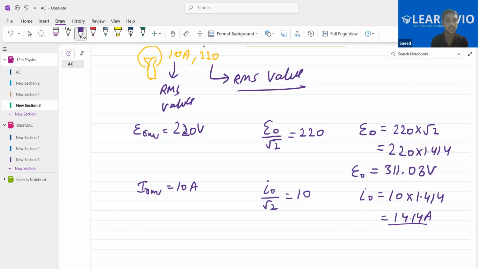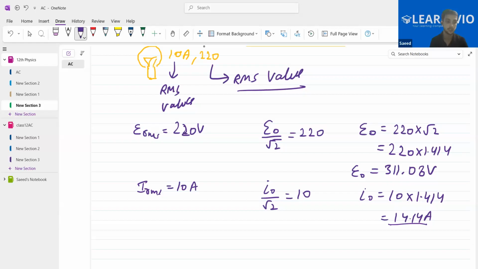Generally, people used to think that if we apply more current, beyond 10 ampere, it will get damaged. It is not going to get damaged. It can bear a maximum current of 14.14 ampere and a maximum voltage of 311.08 volt. Understood? All these calculations are done over the RMS values only.